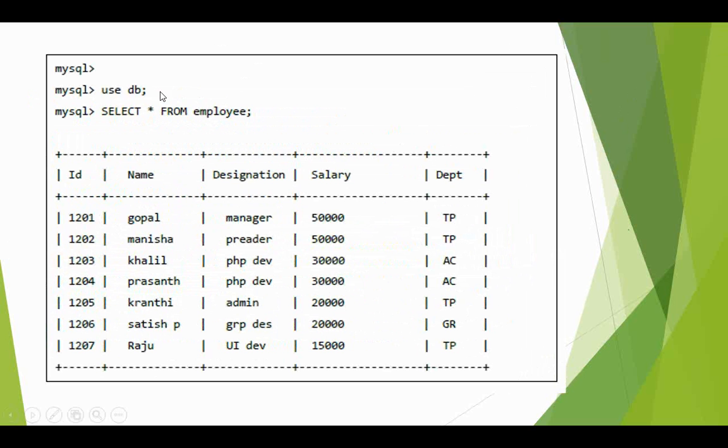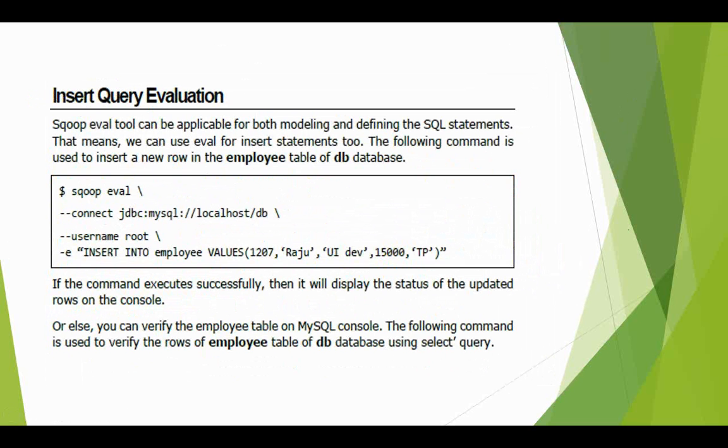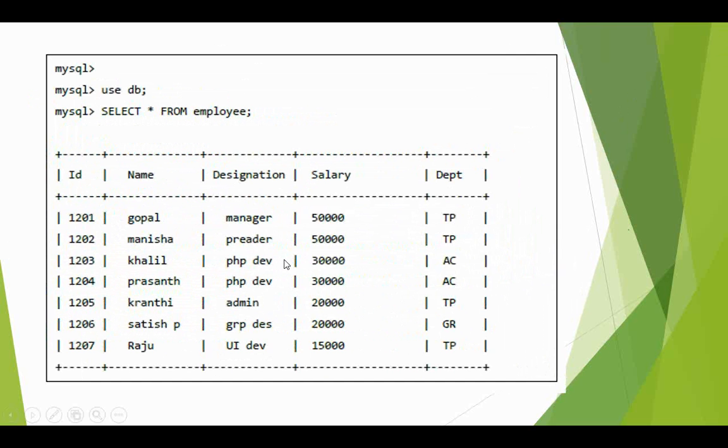Here I am using the DB, and now I am seeing the result: select * from the employee. It will list the total query with the modification, that is the new one. Whatever we have inserted, insert into employee values. This is the ID 1207 Raju. See at the last we have 1207 Raju, that is the newly inserted.